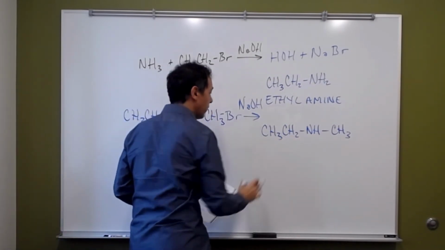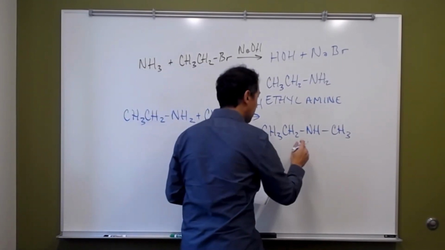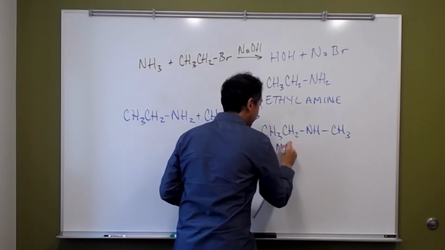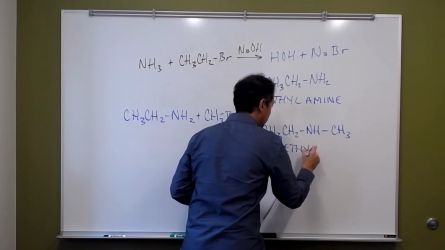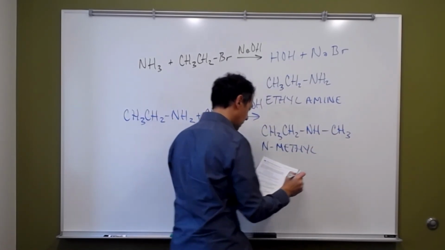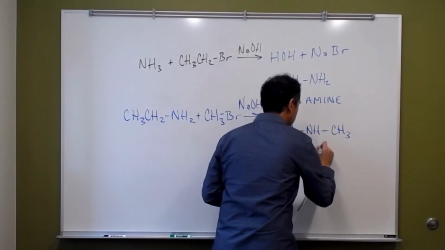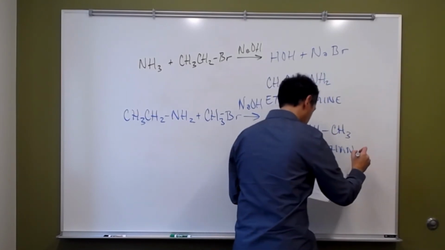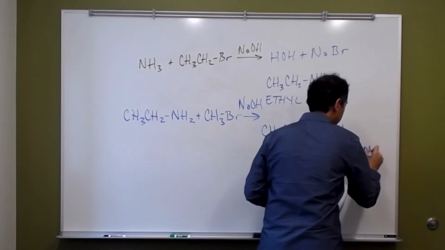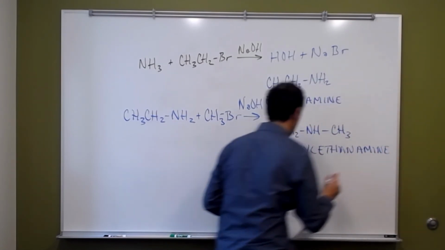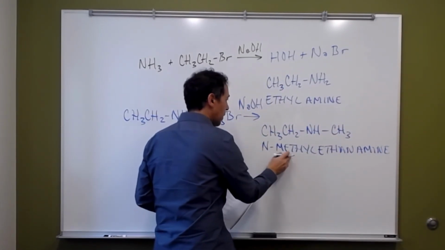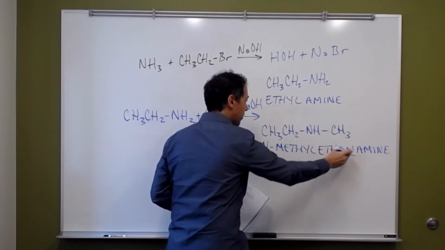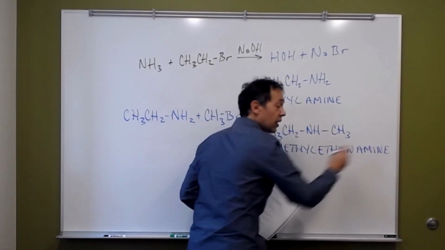And so the name for this one here now becomes N-methylethanamine. N-methyl, so the methyl is attached onto the nitrogen, ethan, 2 carbons, amine.